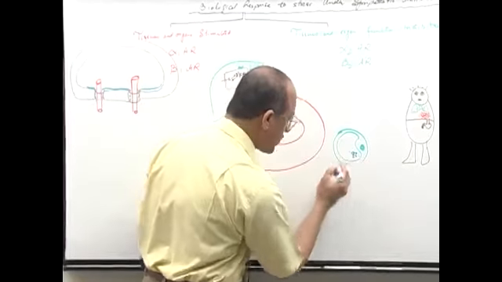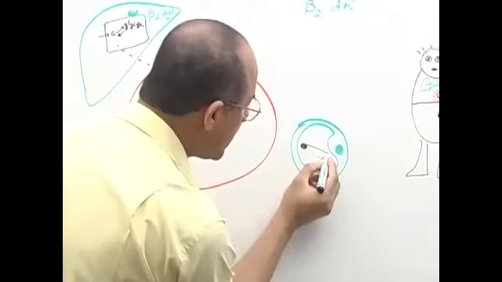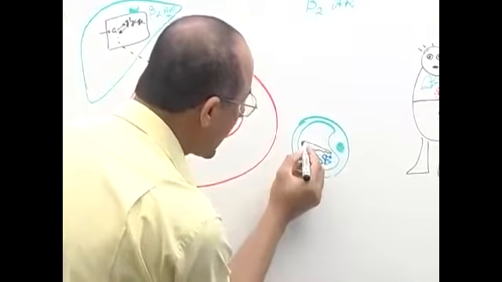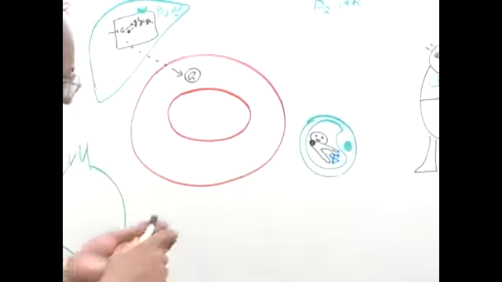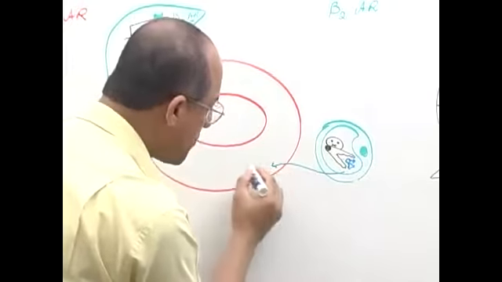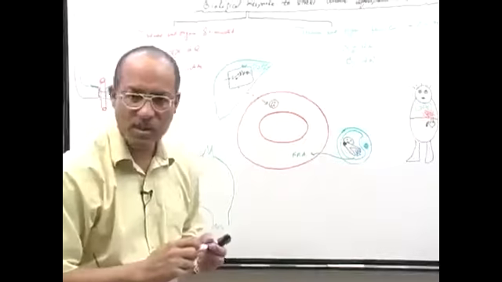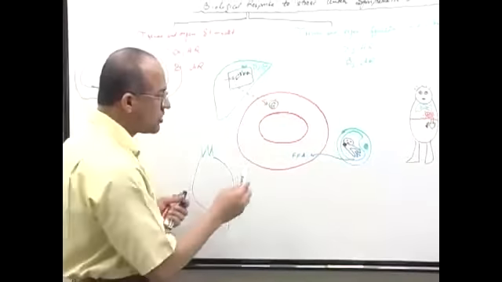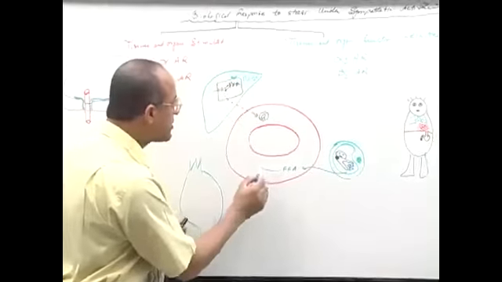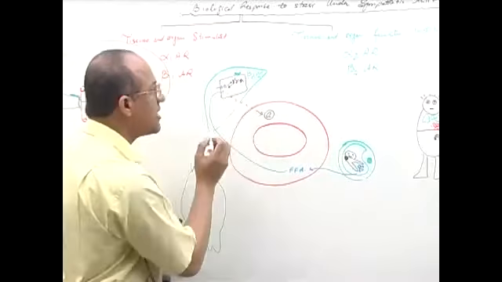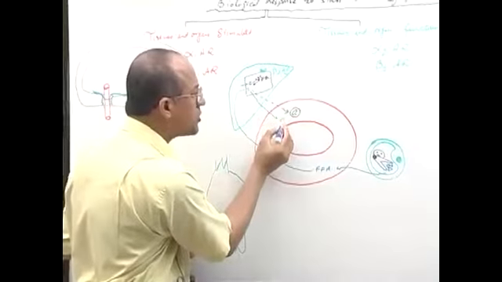There is an enzyme here, and when this enzyme is activated, it will break down the triglyceride and release free fatty acids and glycerol, isn't it? And of course, these free fatty acids are a very good source of energy directly, plus the free fatty acid can go into the liver, and in the liver from fatty acid we can make glucose.